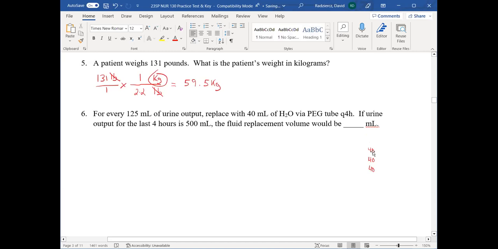I'm going to change some of the variables here, because that's what they're going to do to you on the actual test.